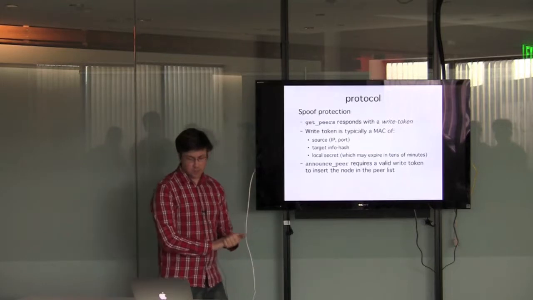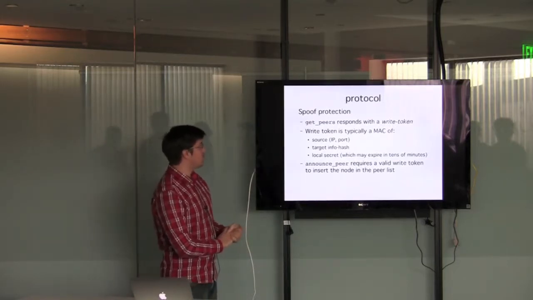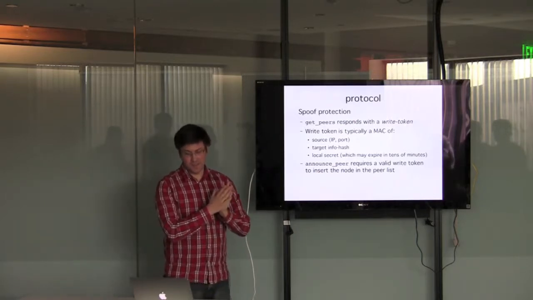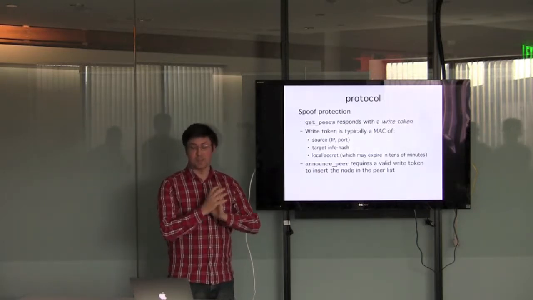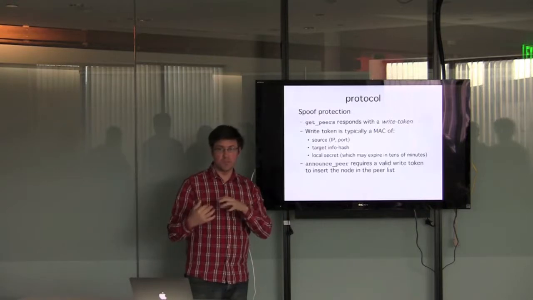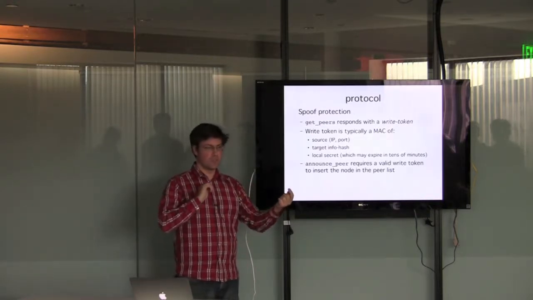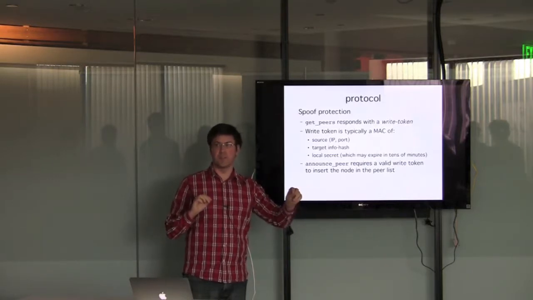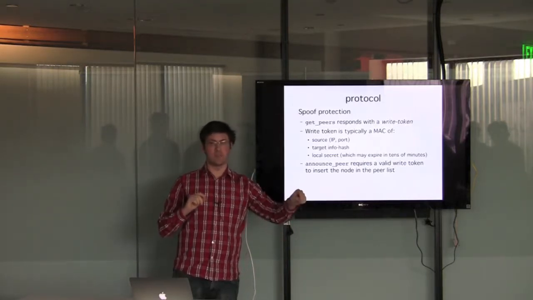I figured I should mention there's a bit of spoof protection. I guess we're getting into some details already. The entire protocol is based on UDP, which means there's no verification built in that the other end has the address that they claim to have.